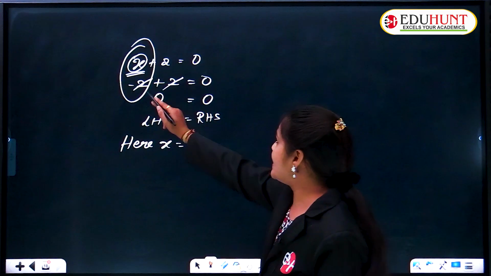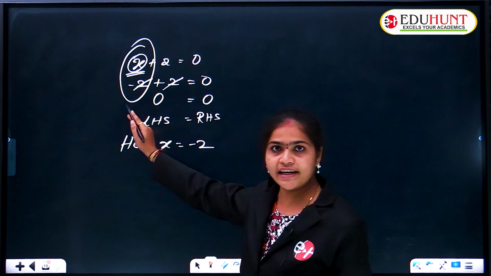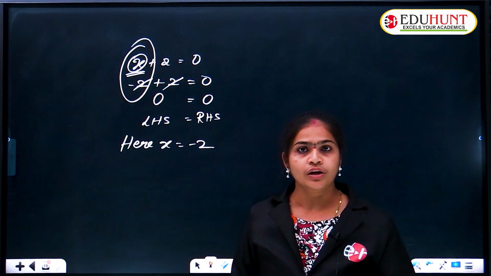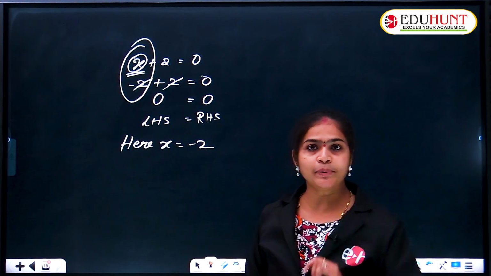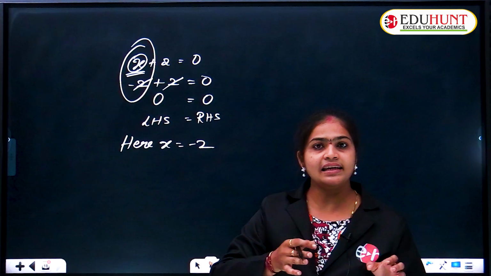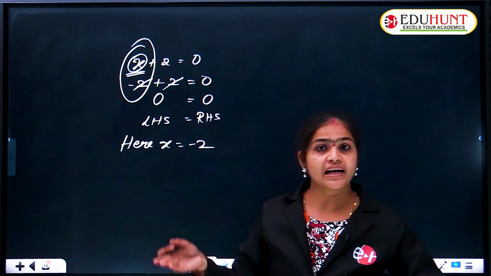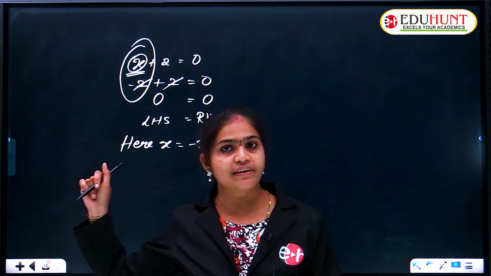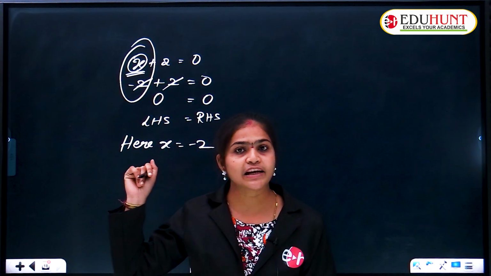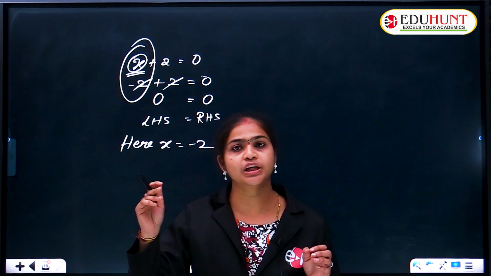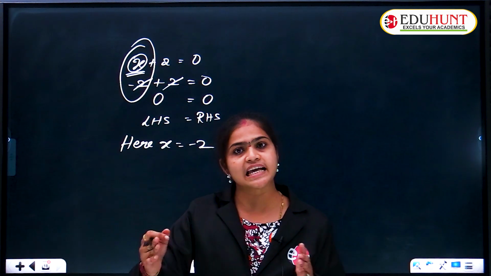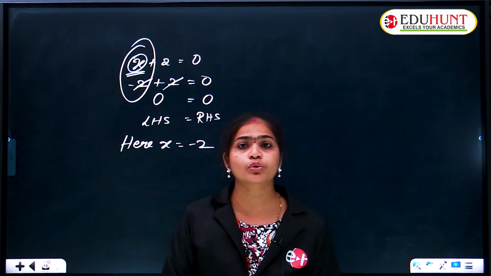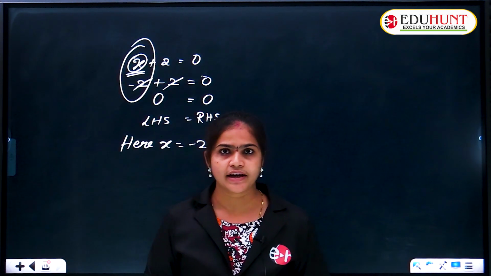At the place of x, we are writing minus 2. Replacing x by minus 2 is called replacement. And the value that satisfies the given equation is called root or solution.